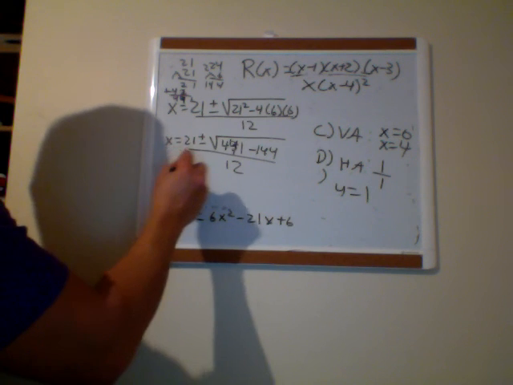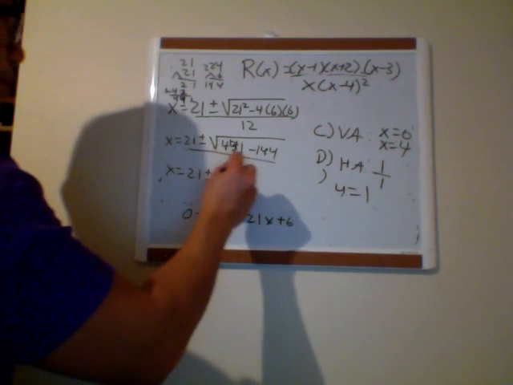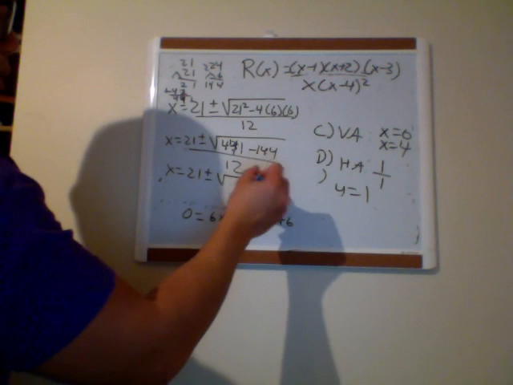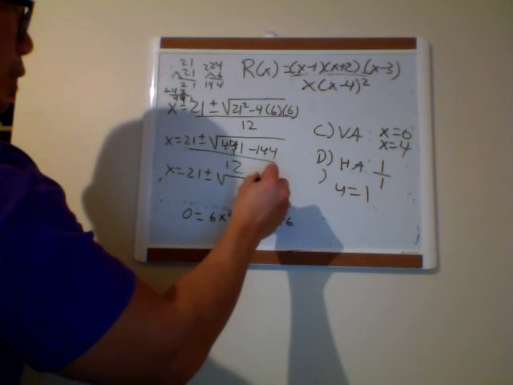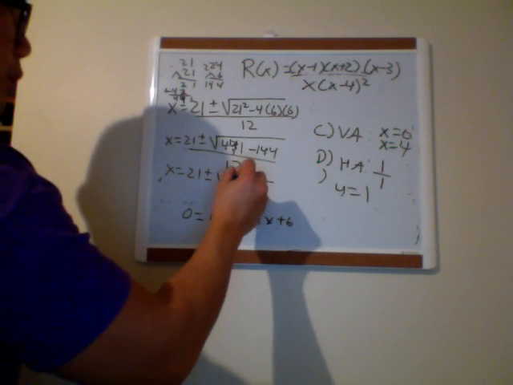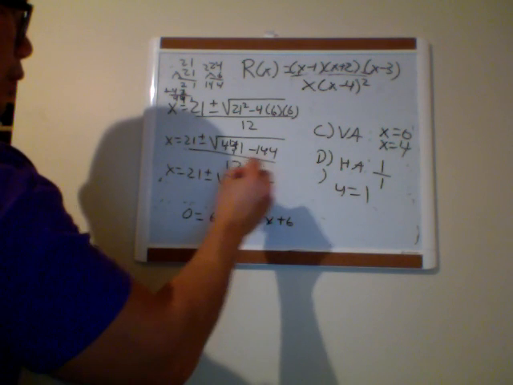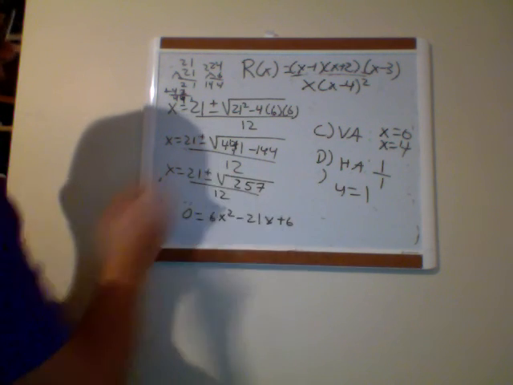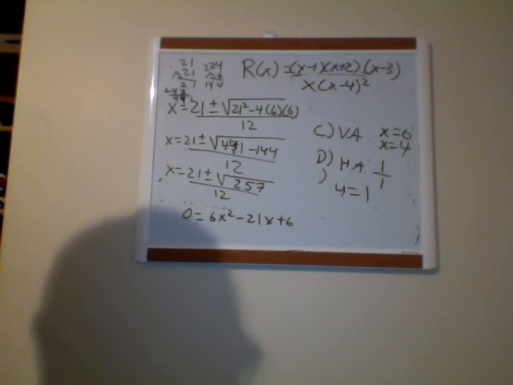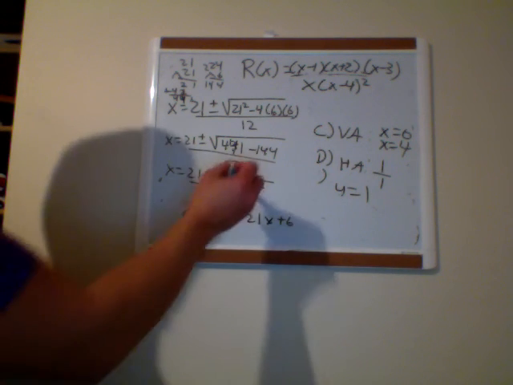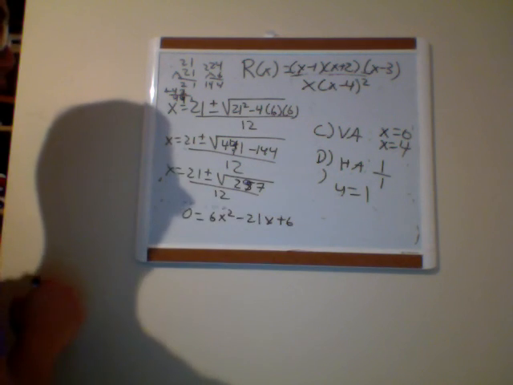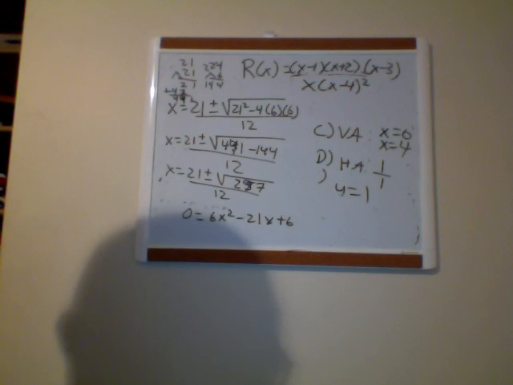X is equal to 21 plus or minus 257 over 12. Okay.